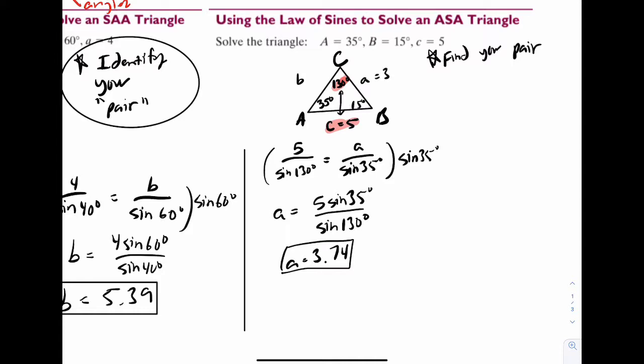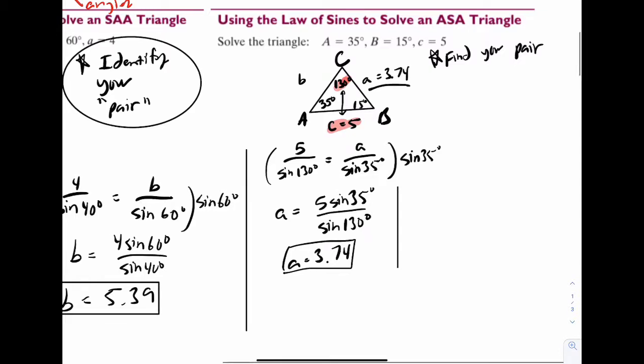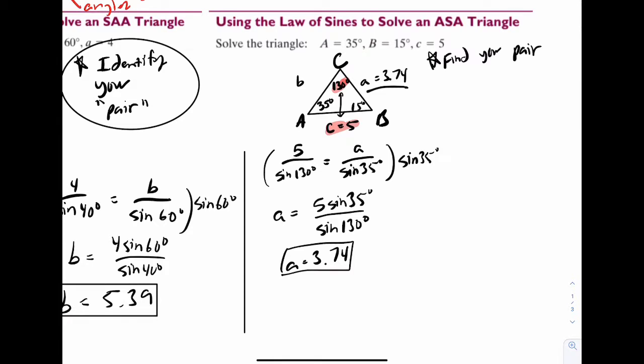Let's fill that in, 3.74. Part 2, start with your pair: 5 over sine 130. That's equal to b over sine B, which is 15. Solve for b, multiply by sine 15.